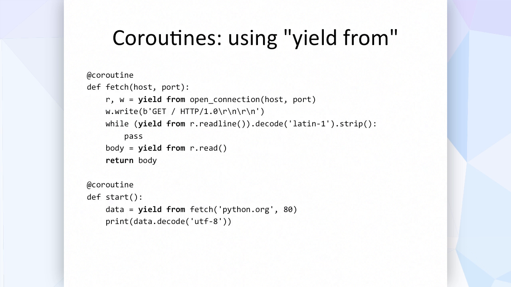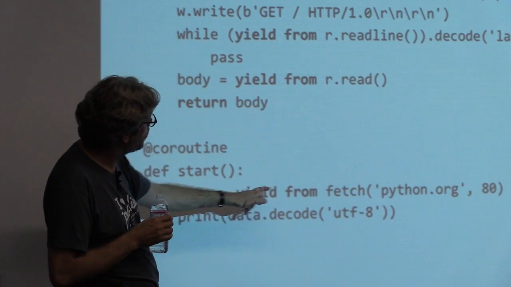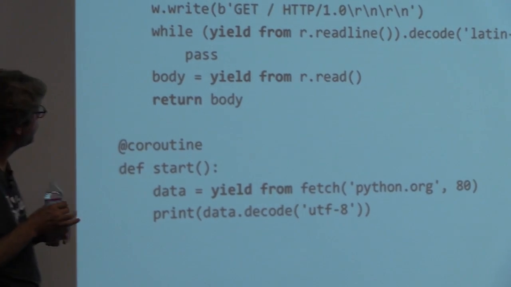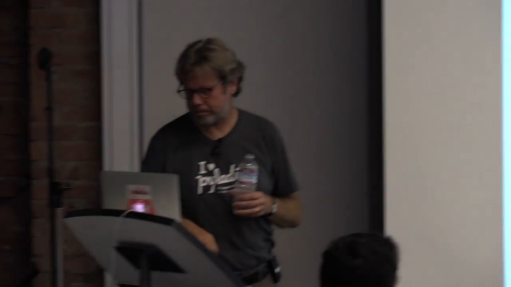Finally, when this thing executes a return statement, that value returned actually becomes the return value of yield from, which is really an expression. And then it prints it to standard out. So I'm pretty sure that that code as written here would actually work if you have a reasonably behaved HTTP server. But I don't remember the password for the Wi-Fi network, so we're not going to show it.